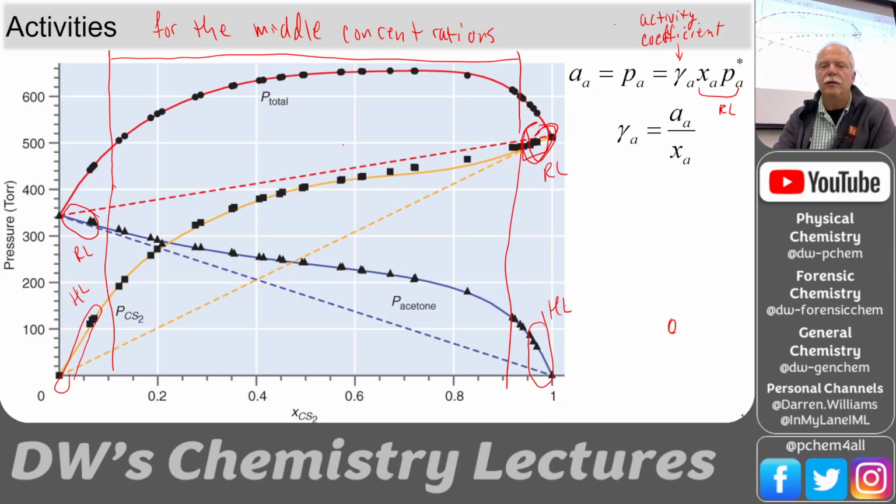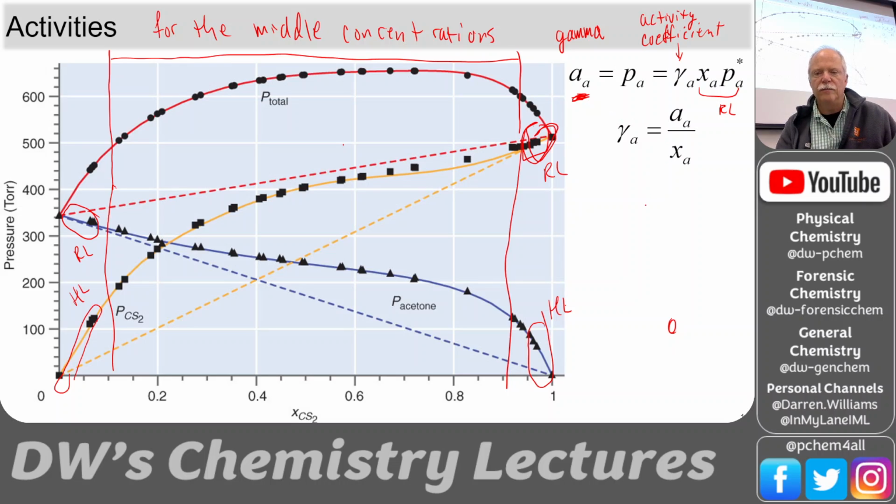So this is gamma. So I'll write that up here, gamma. And notice it's just going to be some number that's less than or greater than 1. It can make the vapor pressure higher or lower. And that's going to give us the activity. So instead of the real vapor pressure, the theoretical or Raoult's law vapor pressure will give us the activity.